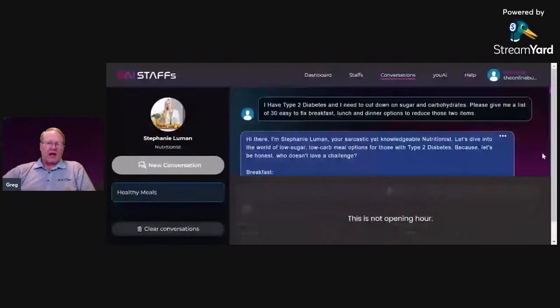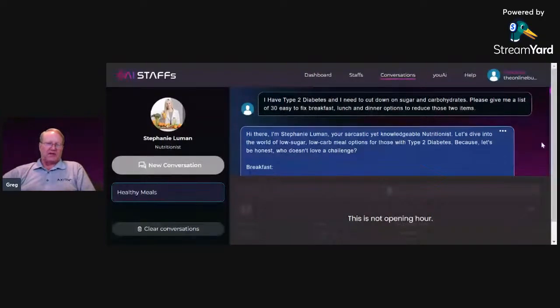An interesting thing about it is there are different moods that you can have the AI staff member come back with their research. In this particular case, it came back as sarcastic, which I didn't select, but I thought it was kind of comical, so I went ahead and left it. I later changed it to optimistic. So anyway, here's what Stephanie had to say.